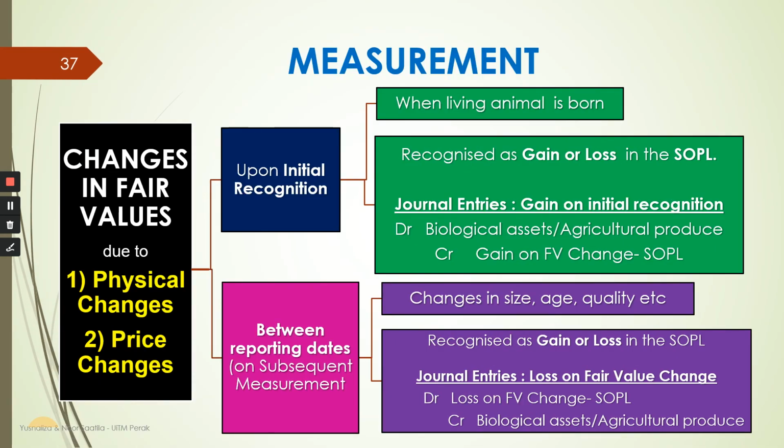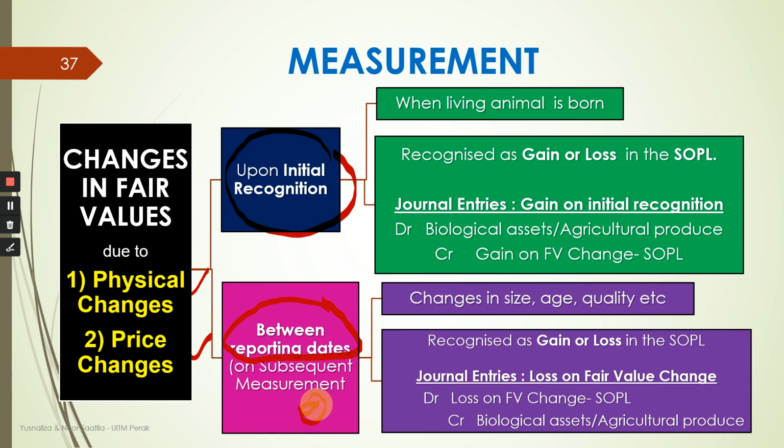So these are the summary of changes in fair value, physical changes versus price changes. You may have to look at what are the gains on initial recognition and what are the gains or losses that will arise on different reporting dates. So this is on initial recognition, but this one is on subsequent measurement.